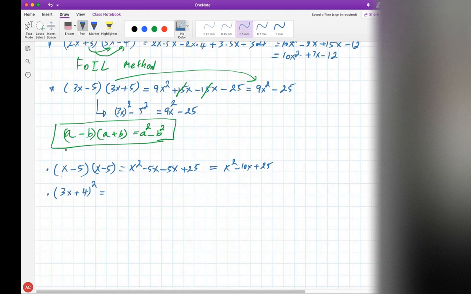How do we multiply? It goes 3x times 3x, 9x squared. Or, if you break it down first, it's 3x times the whole thing, plus 4 times the whole thing. That multiplies 3x and that multiplies 4.